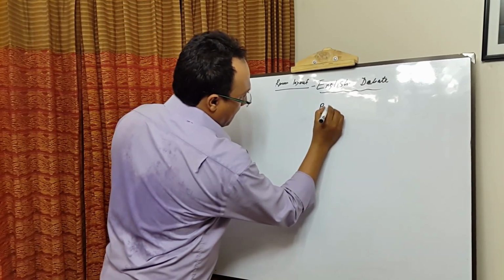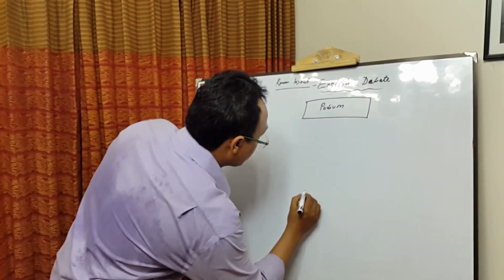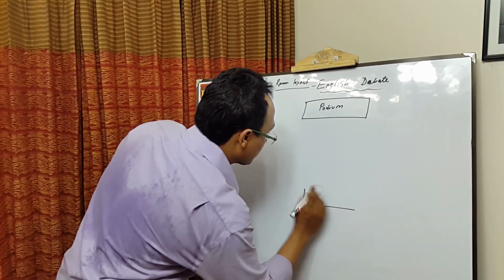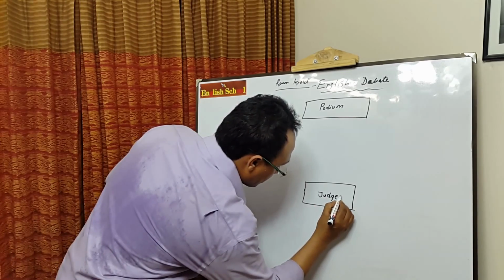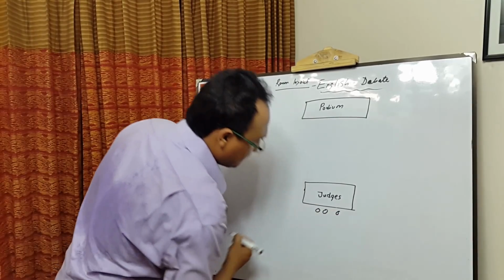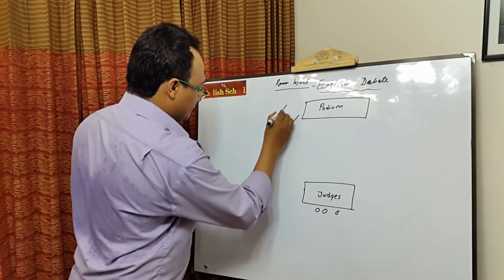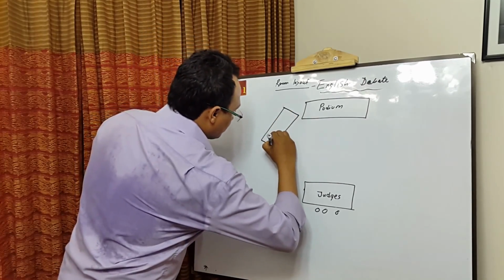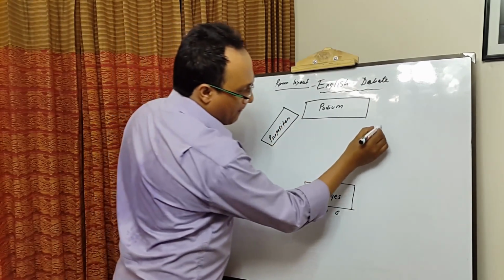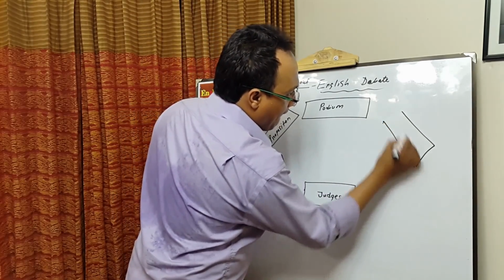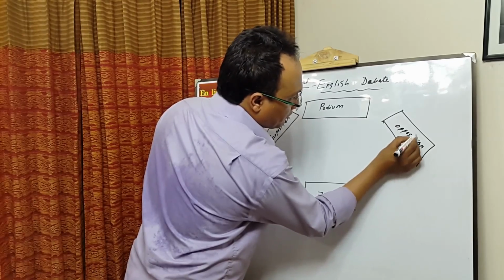It would be like this: the podium, the judges, the proposition, and the opposition.